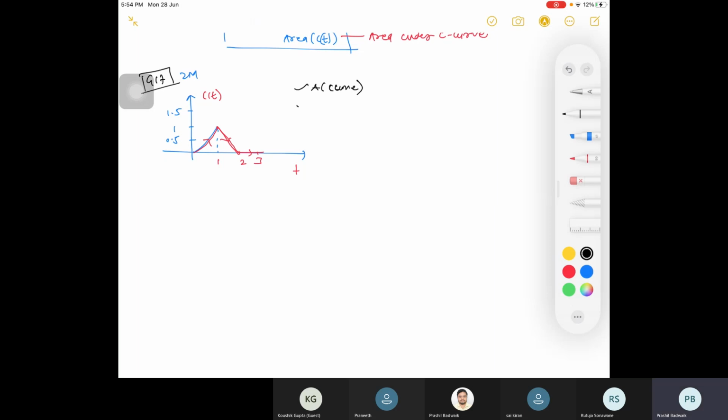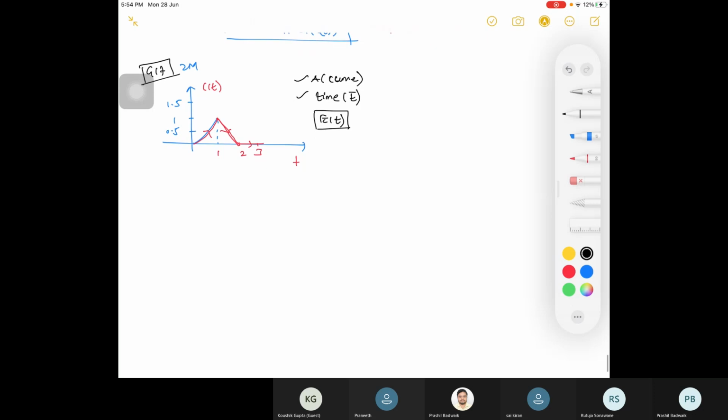Then second, what is your mean time, T mean. Then you need to find out your E(t) curve. That's all. So I hope you know how to convert it into your E(t) curve, and you did already.